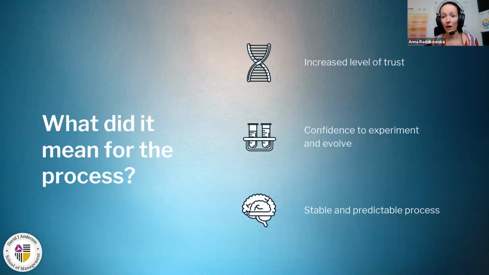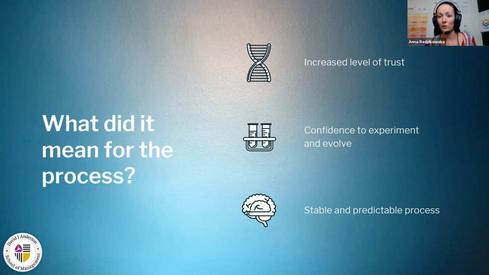What did it mean for our process? That increased the level of trust, because previously we had this Gantt chart, but we didn't deliver, and really no one trusted us. Although we said that yes, we'll deliver it, no one believed that we'll really do it. Then we had confidence in our process, and this confidence helped us to experiment and helped us to evolve.